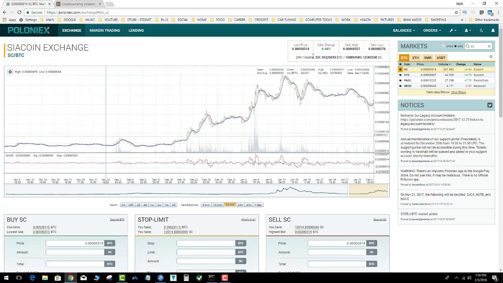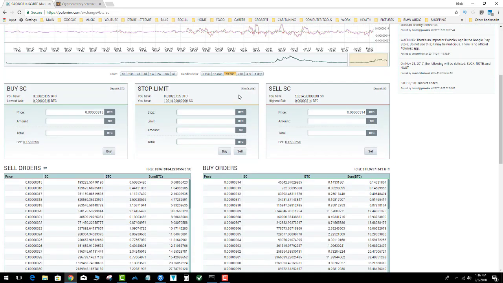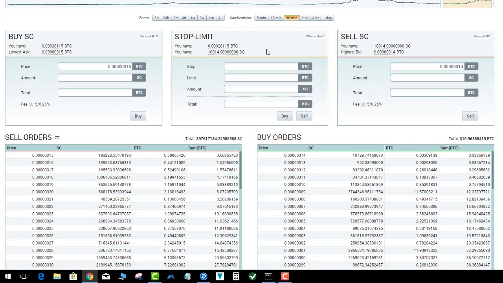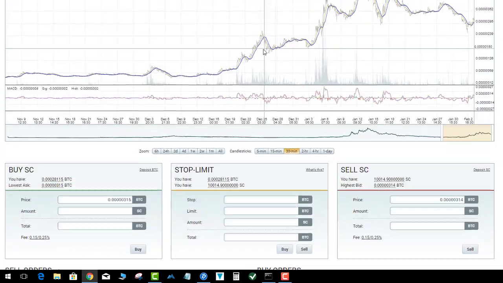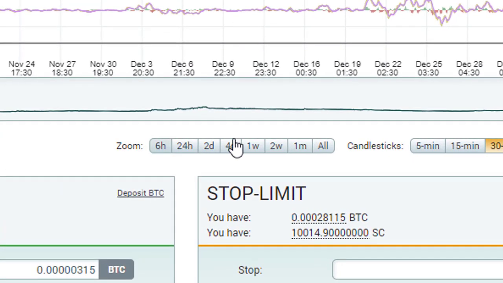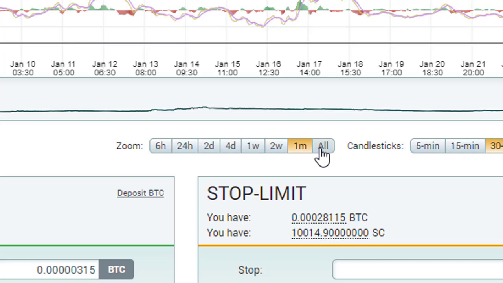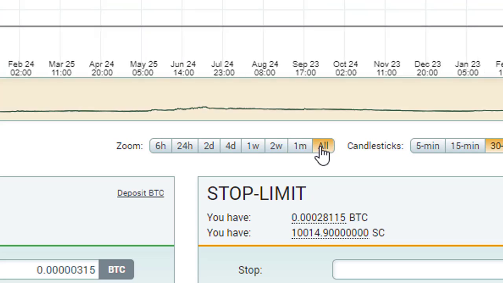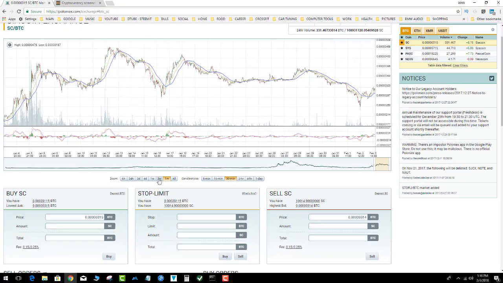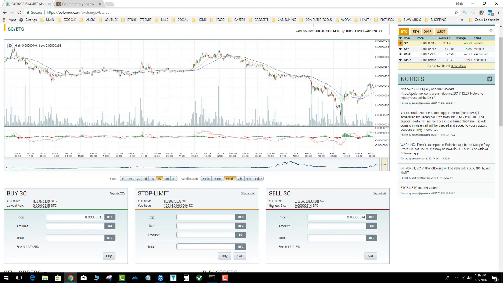You scroll down a little bit, we have our buy, sell, and stop limit boxes. And not to forget, up here you can change the chart to be 1 month, all. So you can get an idea of what a coin's been doing recently. SIA coin was up, dropped, and now it's going back up again.